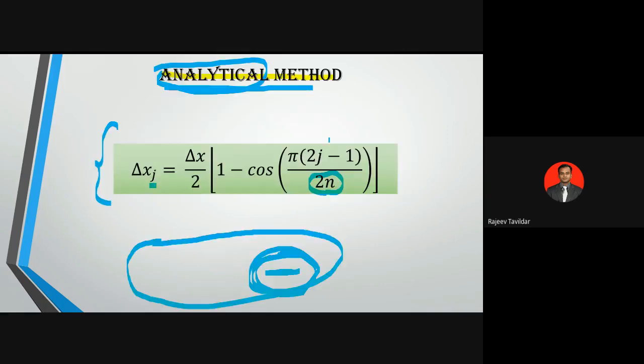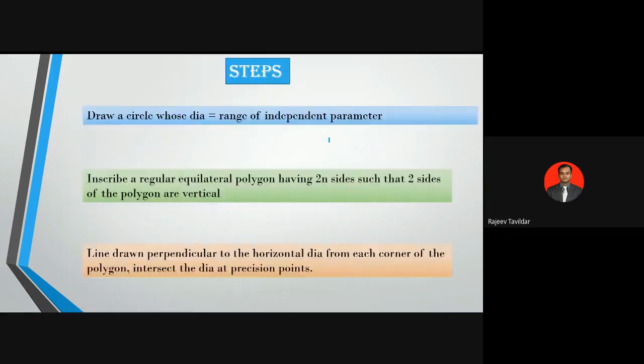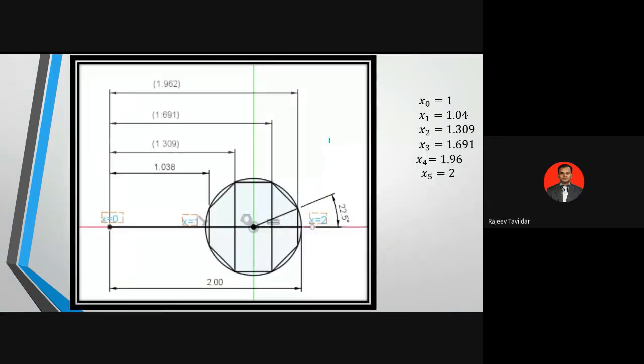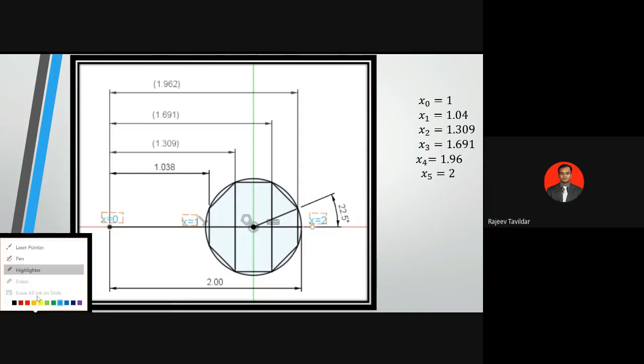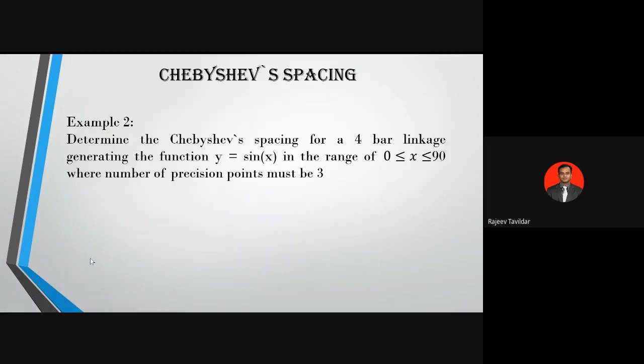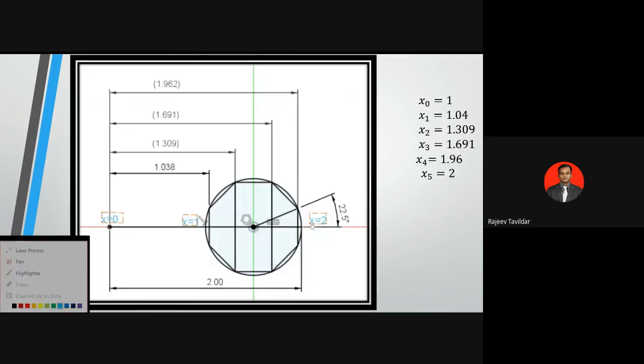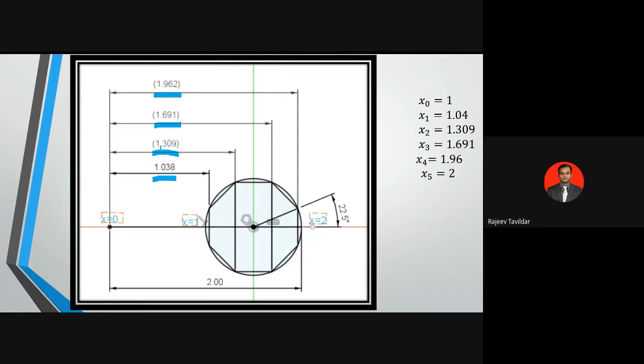Those who are getting confused, let me go back here. I need to clear one point. This is the same problem that I'm showing you, which we have solved graphically. See here, the values that I have written over here, 1.03, 1.30, 1.69, these are x1, x2, x3, and x4.